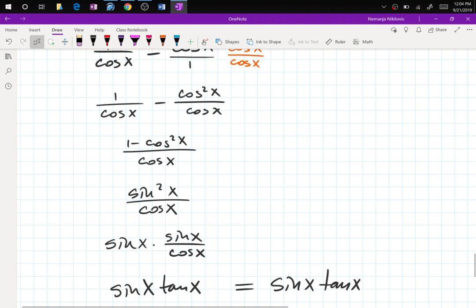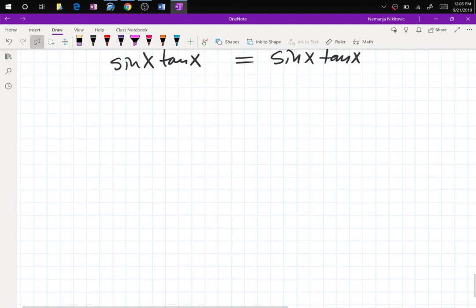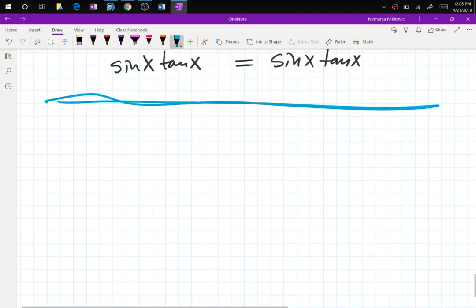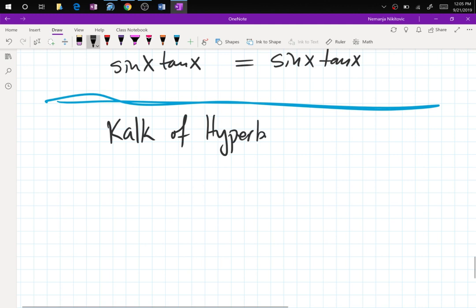And now is the time for us to do some calculus, this being the Calculus 2 class, which means the next section is on calculus of hyperbolic functions.